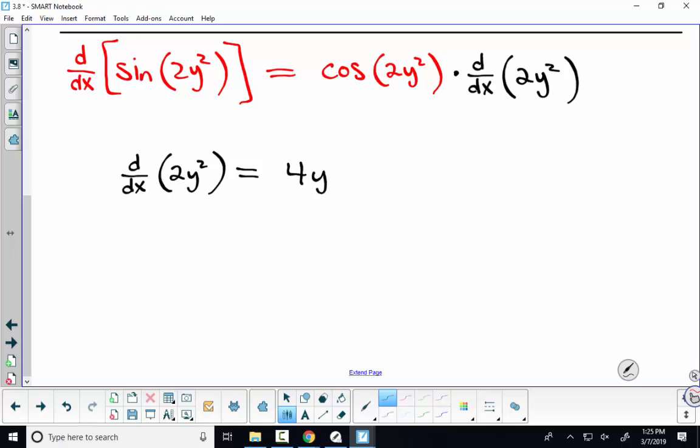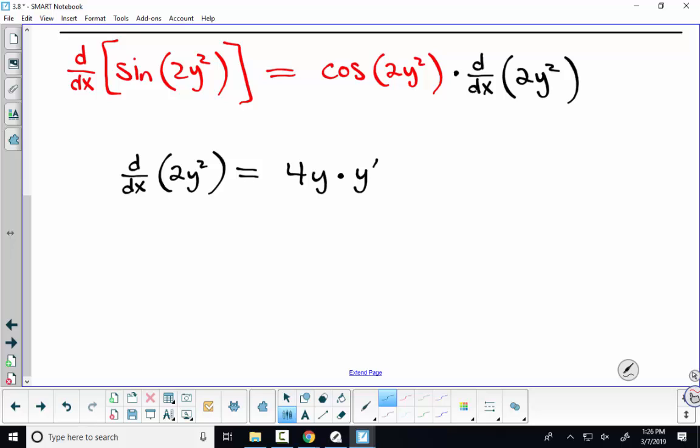So there's the derivative of the outside, leaving the inside alone. So it's y to the second power, left that alone, times the derivative of the inside. So the derivative of the inner always counts with the y prime. I mean, if it's something like 2y squared, yeah.